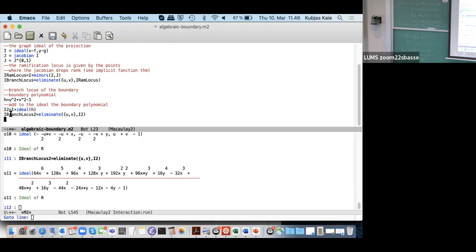Maybe a few words about the ramification. So basically the main idea of this comes from the implicit function theorem.